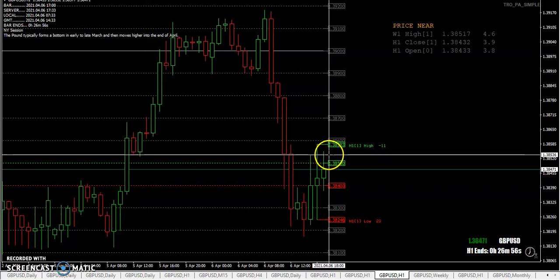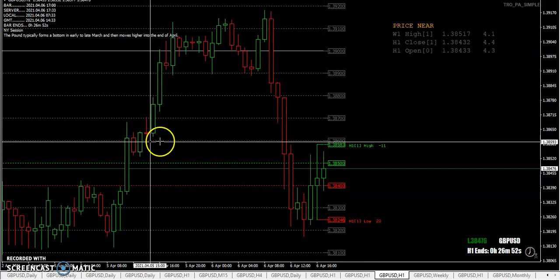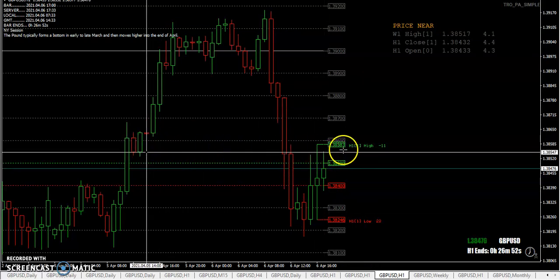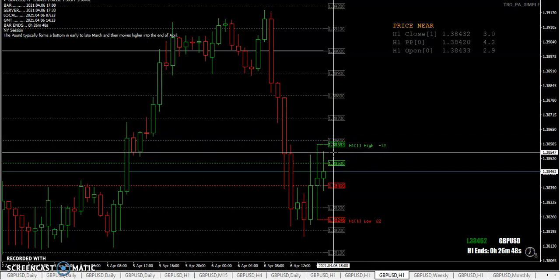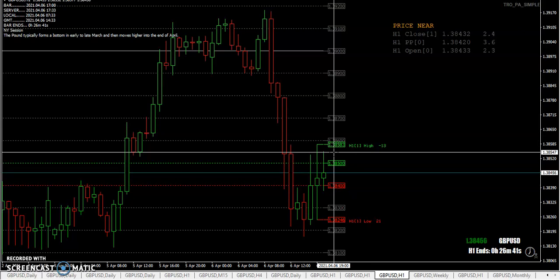Now it came back up, and once again, somebody would say this support has now turned into resistance, because we haven't had a close over 38.54 in the past 1, 2, 3, 4, 5, 6, 7 hours on the H1 chart.